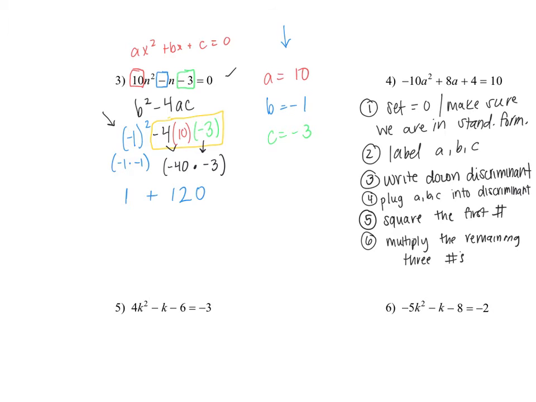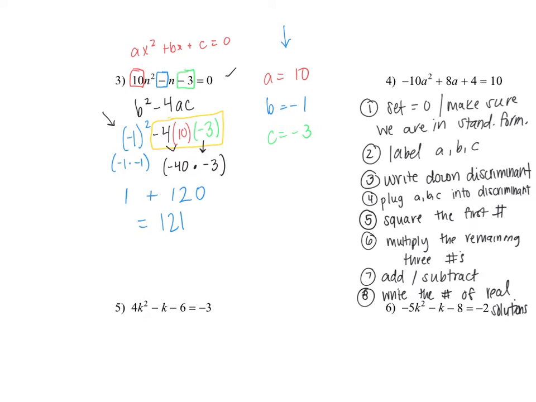Okay, and then your last step, well, step 7, is to add, or in other ways, subtract. Okay, so 1 plus 120 equals 121.